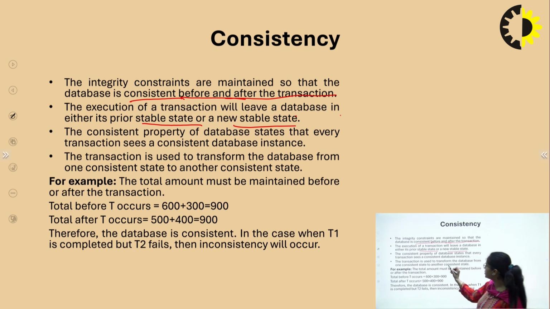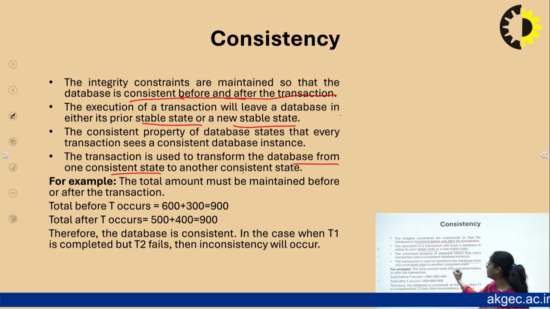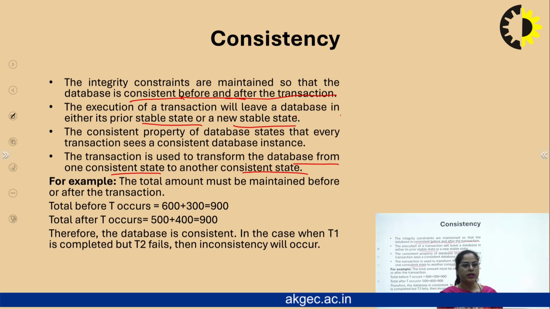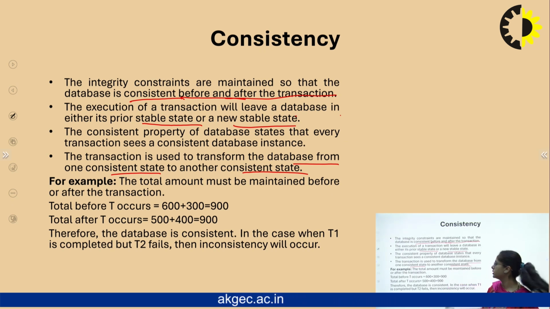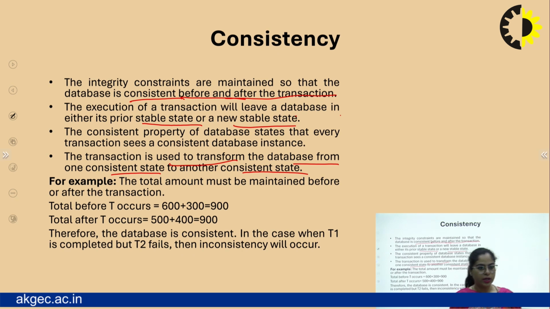The transaction is used to transform the database from one consistent state to another consistent state. What is the second property? That is the consistency.